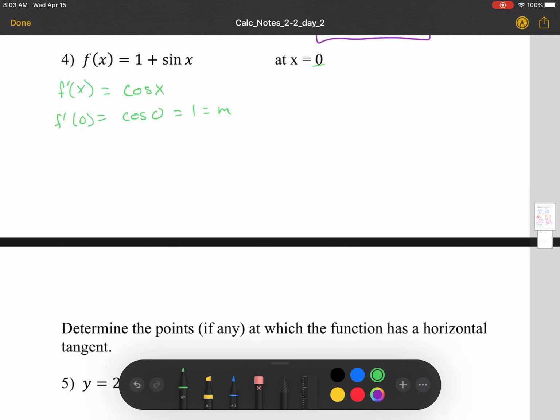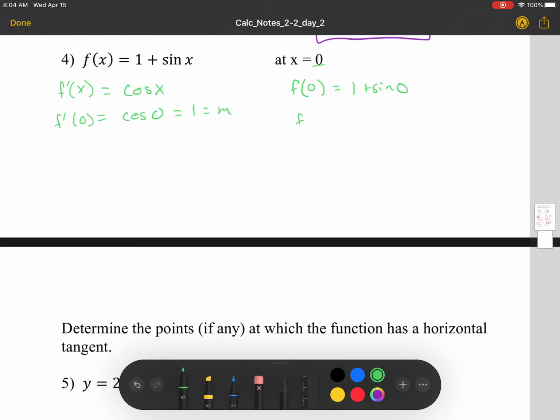So now we know our slope is 1, and we need an f of x value. All right, so what we're going to do here is plug it into just our regular function at 0, because we got to get our f of x to 0, not our f prime.